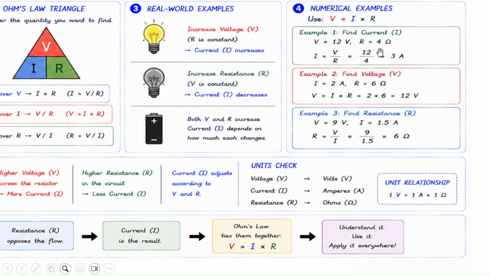Current as a variable is I, but when we quantify it, we represent the final result as amperes using the letter A. Likewise, the unit for voltage is volts, and for resistance it's ohm, represented using the symbol called ohms.